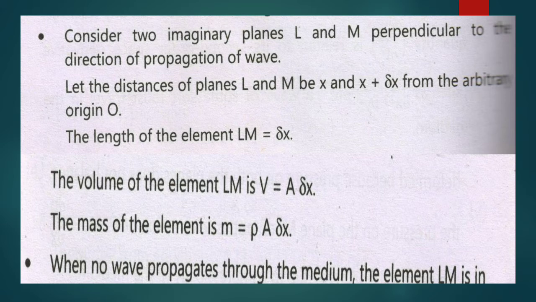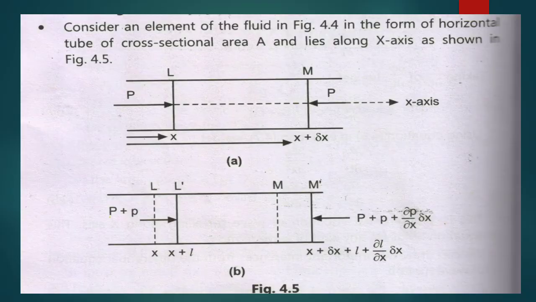When no wave propagates through the medium, the element LM is in equilibrium, and the pressures on planes L and M are equal and opposite in the undisplaced condition, as shown in figure A. Let this pressure be P.